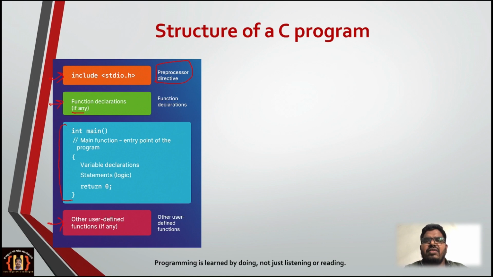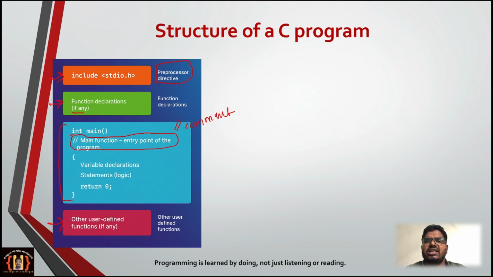In this main function, you can see a comment. Whenever you start a statement with a double forward slash, this indicates a comment. Comment means what? These are not part of the program, but are intended for readability, just to mention what this particular program is doing.